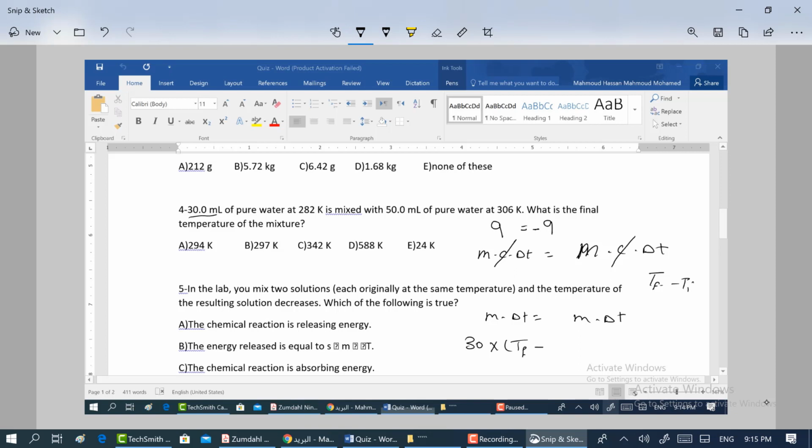T initial 282 equal negative M delta T. Negative, what is the new mass of the water? It will be 50 multiply delta T, the T final, subtract the T initial, it will be 306.